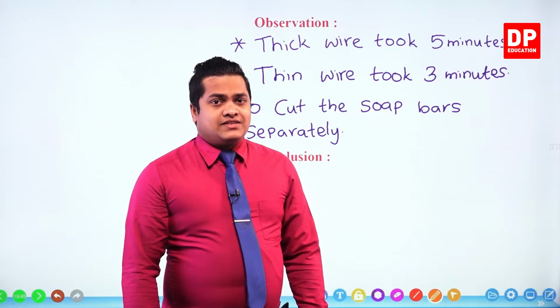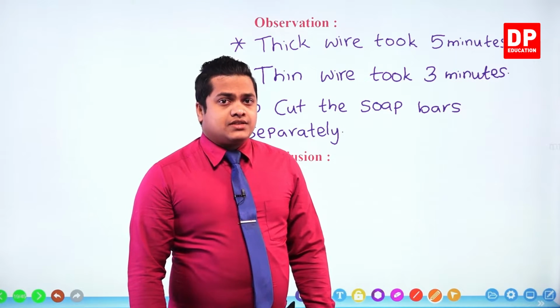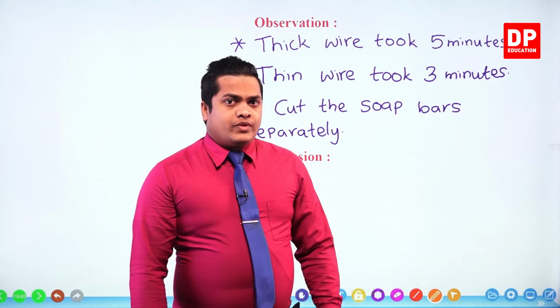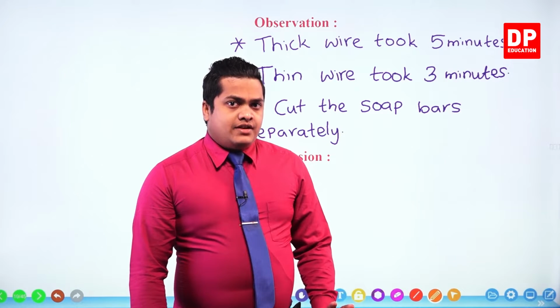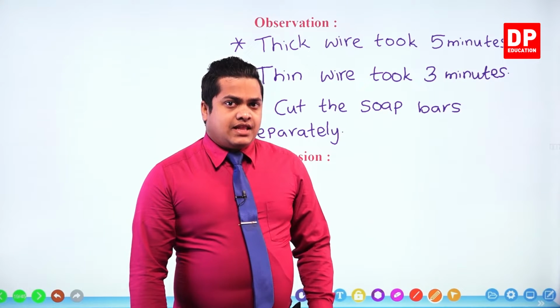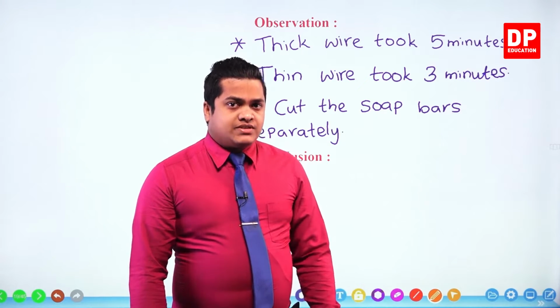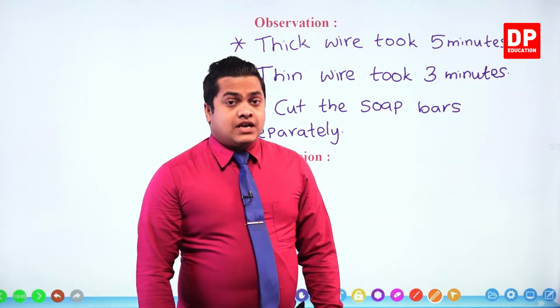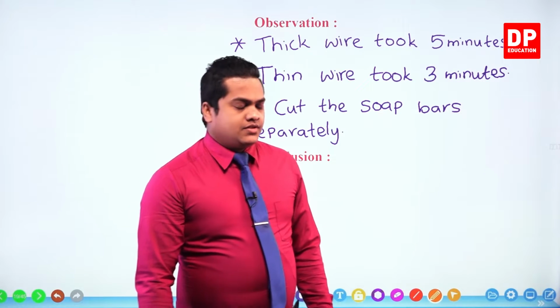When the surface area is less, the pressure created is going to be increased. So we can conclude finally, when the surface area is less, greater pressure is observed. When the surface area is high, less pressure is observed, right?